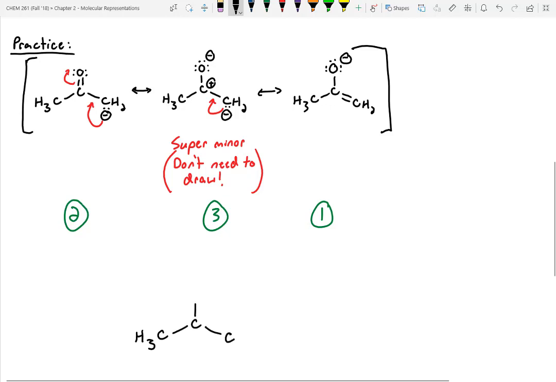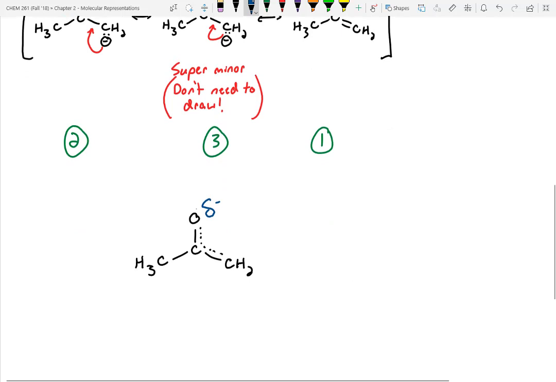We'll draw our sigma bond network. It looks like this. We're delocalizing our charge across both of these. We're going to have a partial negative on oxygen that's pretty large. It's going to hog that electronegativity, so I'll make that delta symbol quite big. This carbon down here isn't very electronegative, so it's going to have a little delta minus.